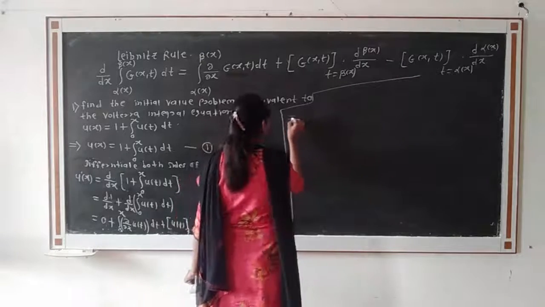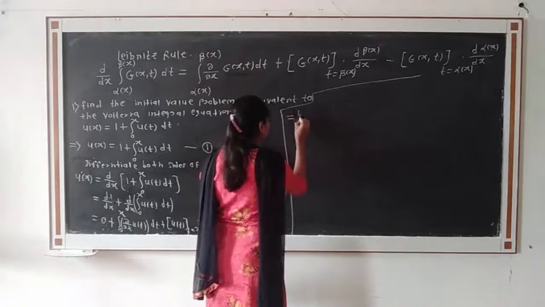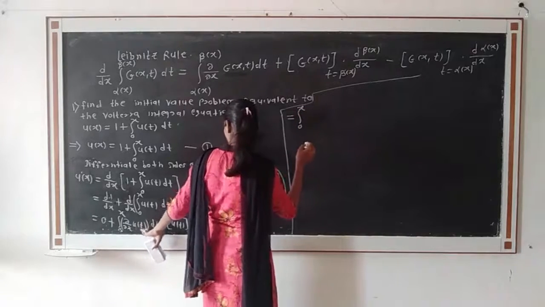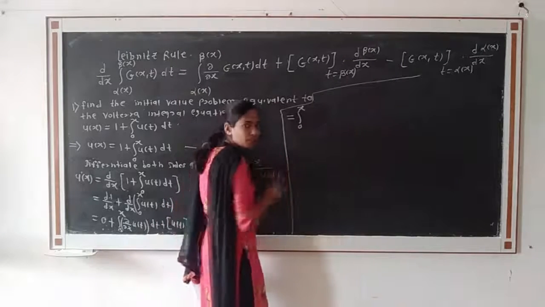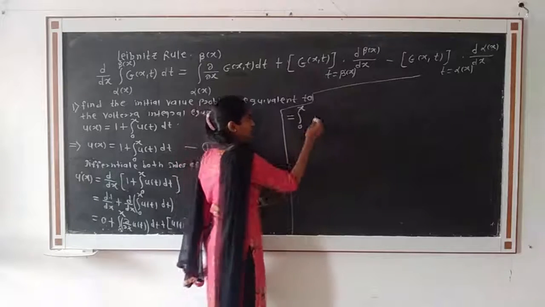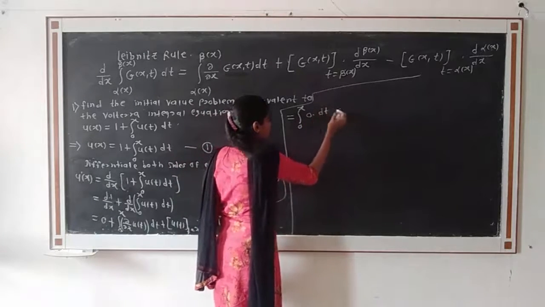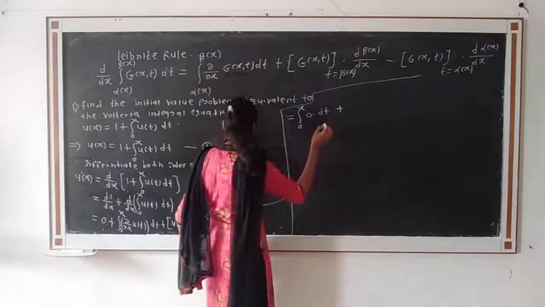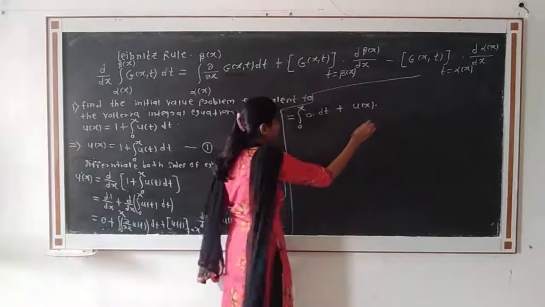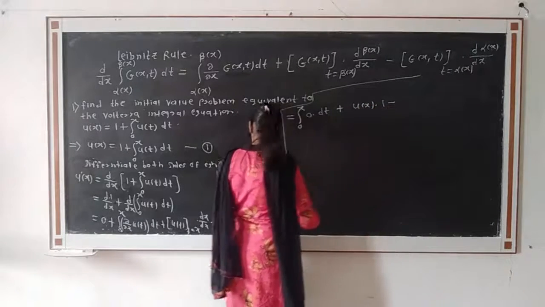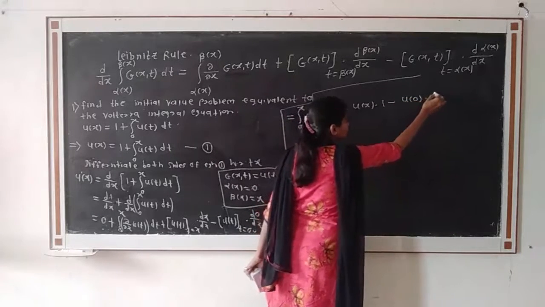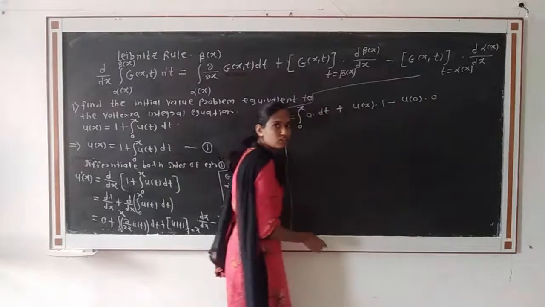Then that is equal to integration from 0 to x, derivative of function u of t partially with respect to x. u of t is a constant function with respect to x, therefore derivative is 0, therefore 0 into dt plus in u of t we put t is equal to x, we get u of x into derivative of x with respect to x is 1, minus, here we put t is equal to 0, that is we get u of 0 into derivative of 0 with respect to x is 0, that is into 0.